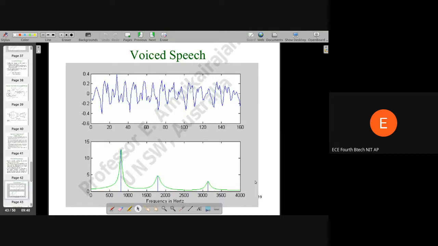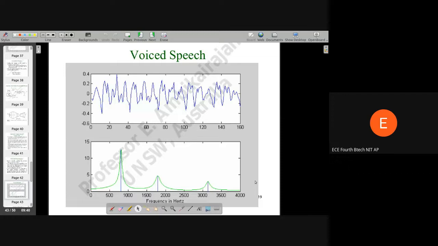Similarly, if you recall, the pitch or fundamental frequency is generally lower for males, around 100 hertz, than adult females, which is around 200 hertz. Why? Because in adult females, the vocal tract is shorter.